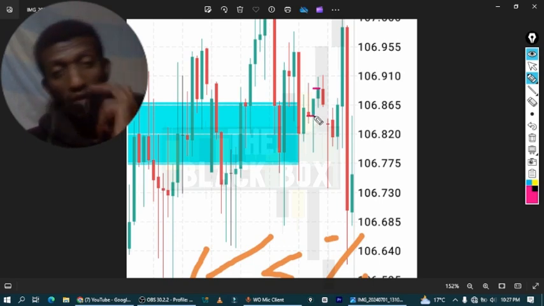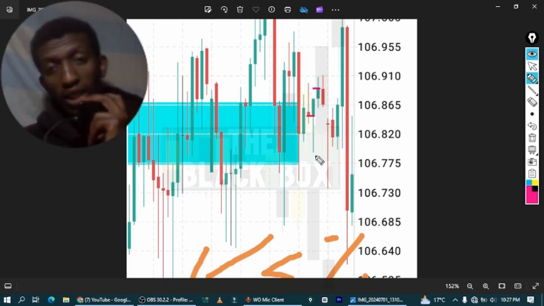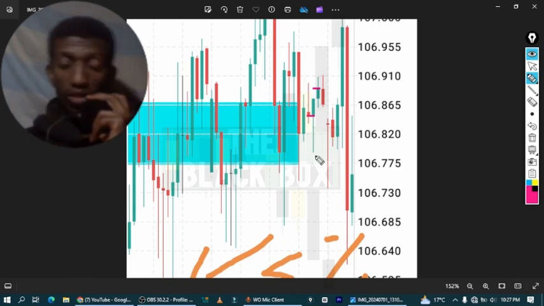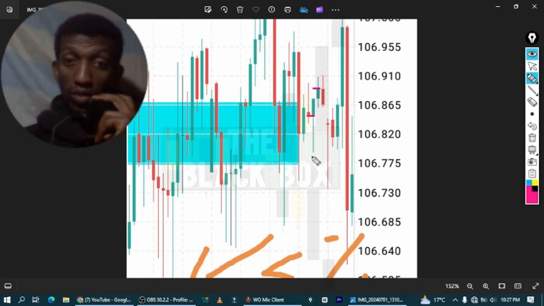So the first job of our entry should be determining where TP2 is and determining if there is a huge wick or not. So TP2 is down there. So actually TP2 was hit, which means this setup is no longer valid. It is done.